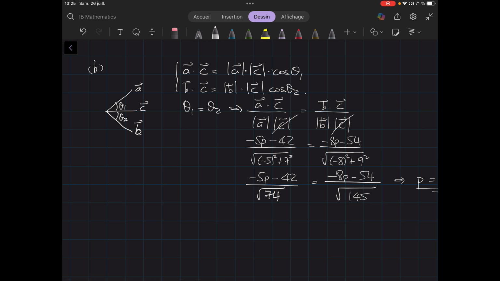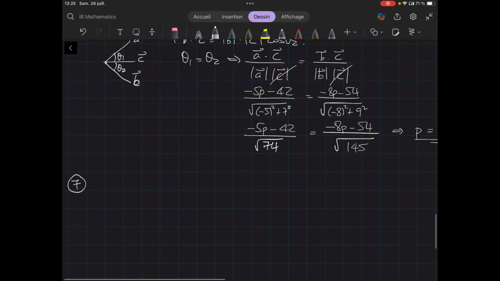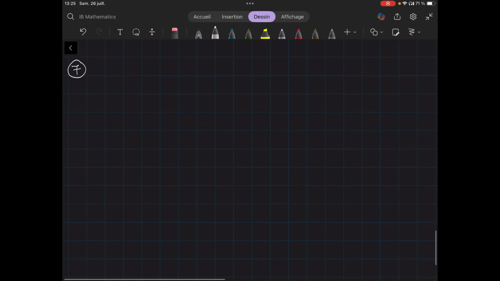Question 7. This is a very predictable question. It's not news to anyone that the IB loves this kind of question. You are given this expression, and you're given that the term in x to the 6 in the expansion of this is 5120.